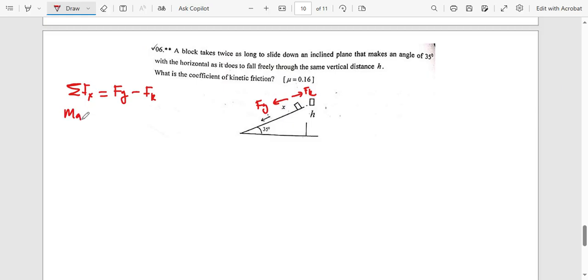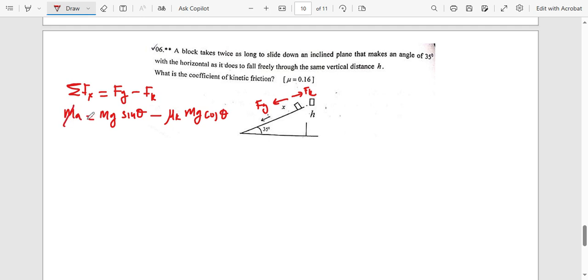So this will be mass times acceleration is equal to Fg, which is given by mg sin theta, and then minus Fk, which is given by coefficient of kinetic friction times normal force. For normal force on an incline, it's mg cos theta.